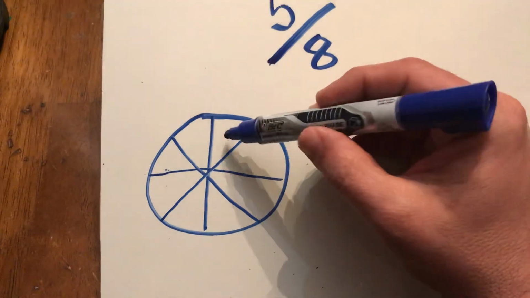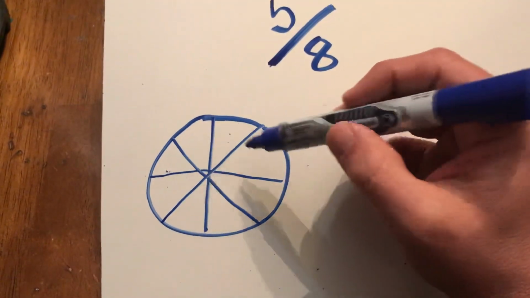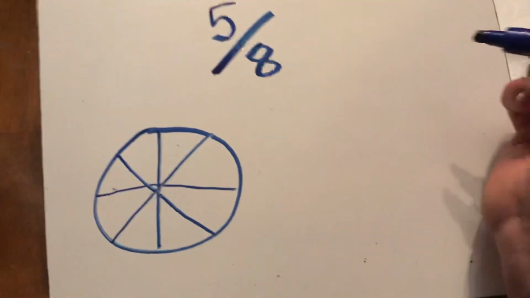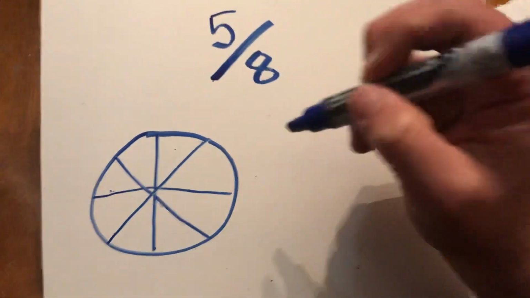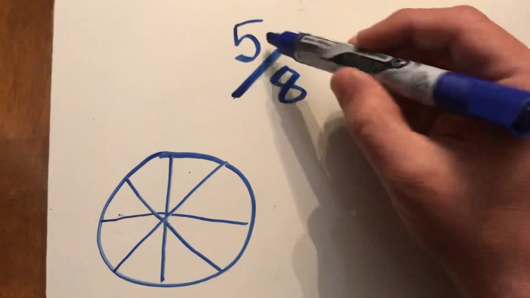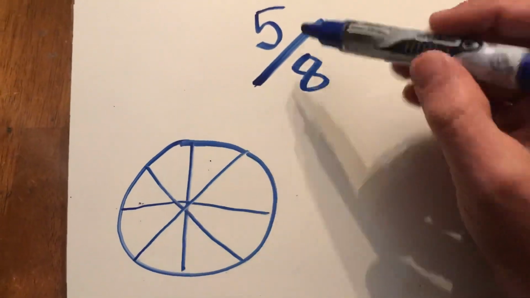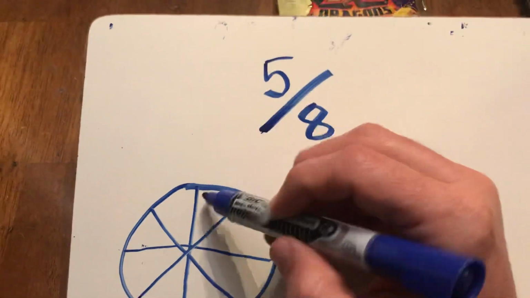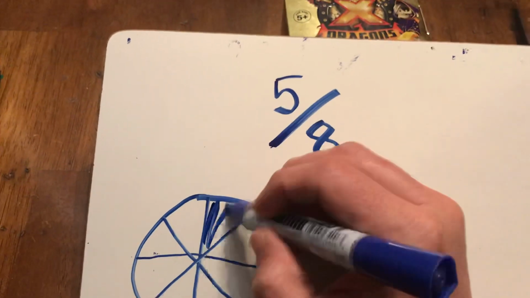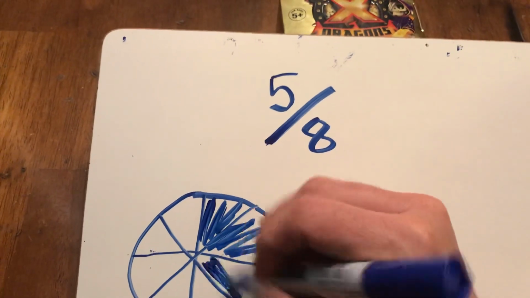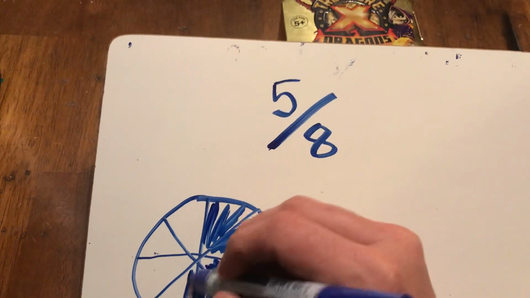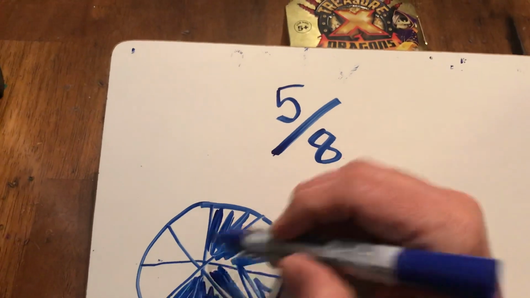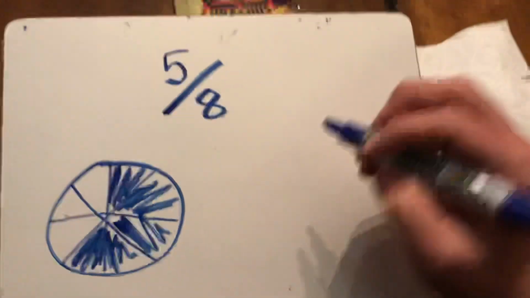You can tell this is bigger than this, but for our purposes, we're pretending and assuming that all those pieces are equally proportioned, even if they're not quite. And then, so 8 pieces, and there's 5 pieces we're talking about, so I'm going to color 5. So I know that I'm going to color 4 and 1 more. So 5/8, you can see, looks like that.